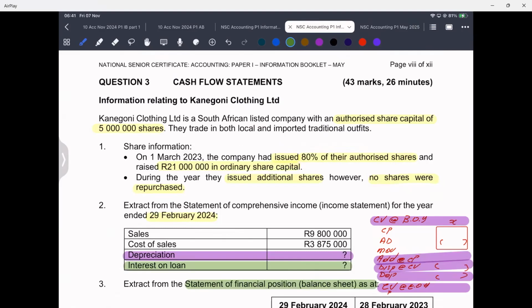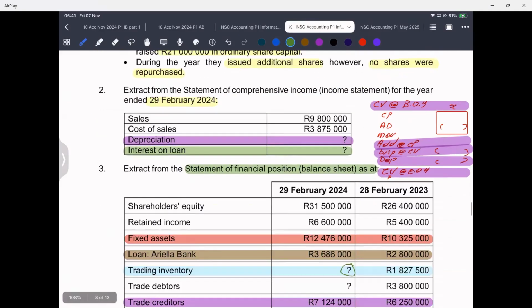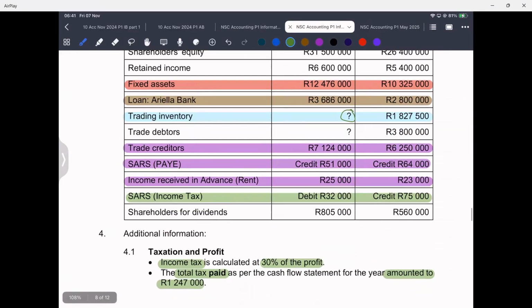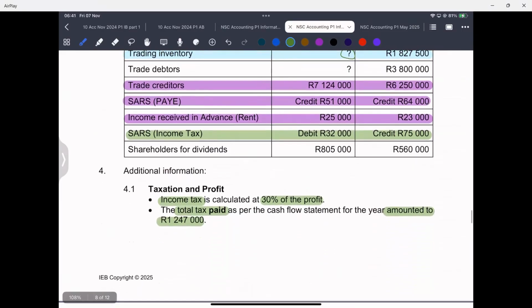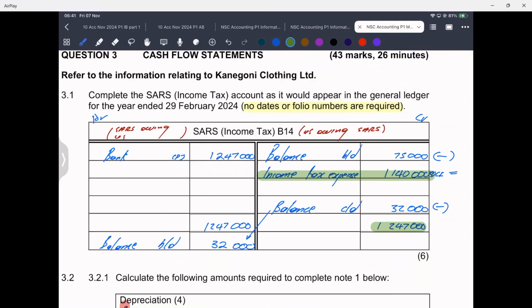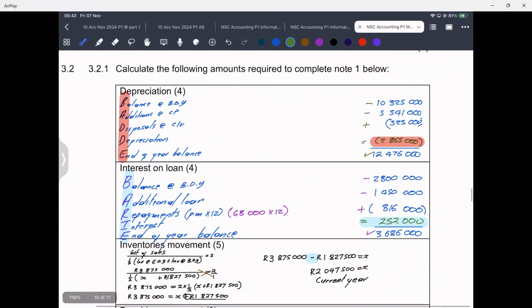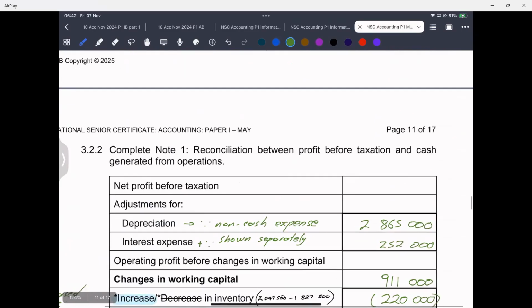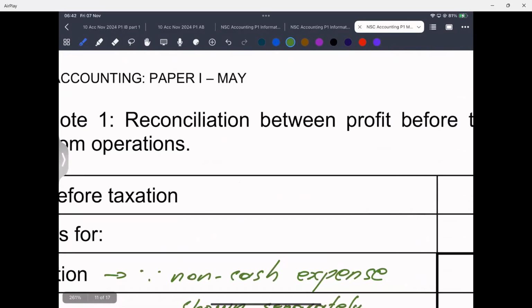I can only use that to calculate my profit if they give me the tax rate. And they did give me the tax rate, which is 30%. I'm a winner now. I am going to take that 1,140,000, because this is the 30% and I want the before, which will be 100%.